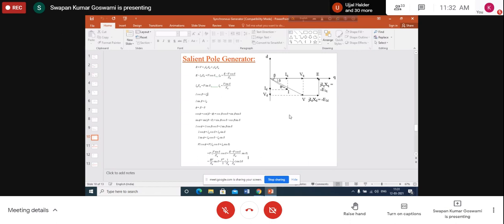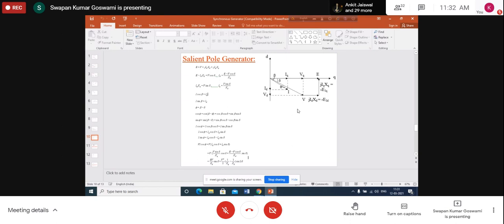But in a salient pole rotor, what happens? The poles are projected poles. At the pole axis, where the poles are located, the air gap will be less. In between two poles, the air gap will be more.